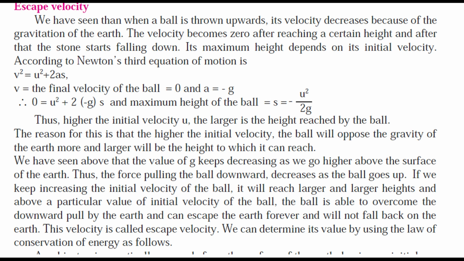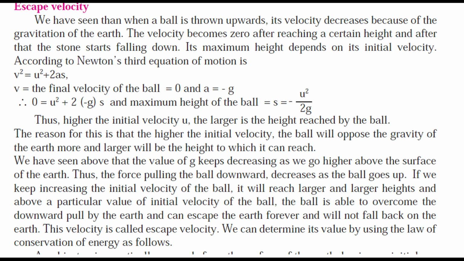So the maximum height of the ball can be calculated as s is equal to u square divided by twice g. Thus, the higher the initial velocity u, the larger the height reached by the ball. The reason for this is that with higher initial velocity, the ball will go against gravity for a longer distance, and then it will achieve more height.